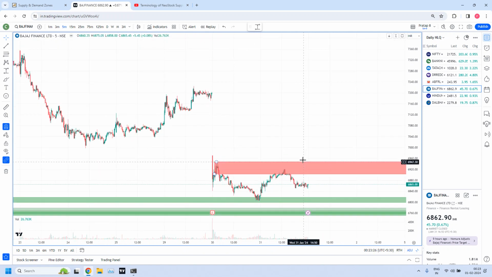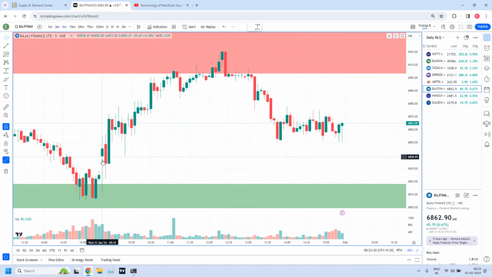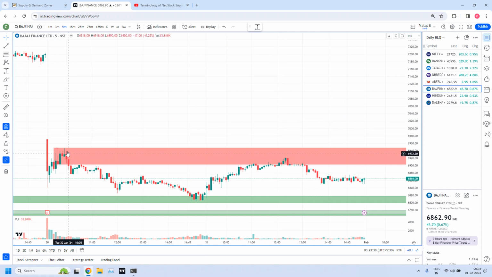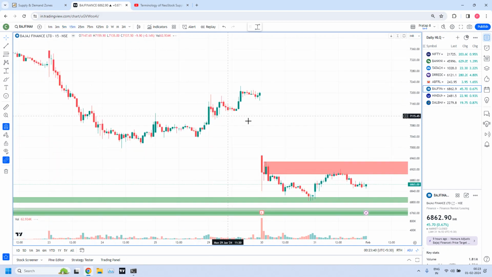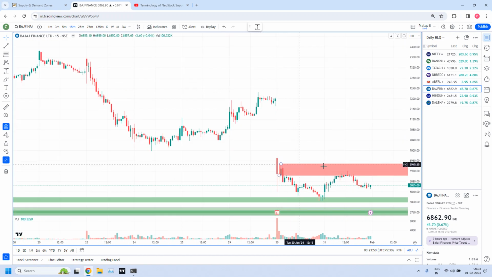And again prices entered today in this candle, so we got the entry and then again pushed the price up to the 15 minutes target area. Let me show you the 15 minutes target. We have a drop, 2 base candles and a drop. So this is purely based on the entry buffer.